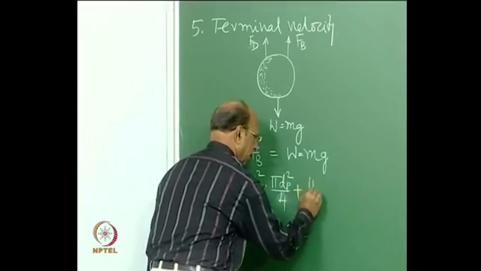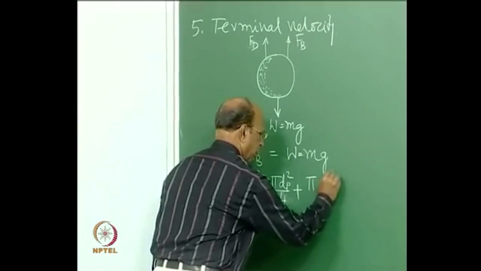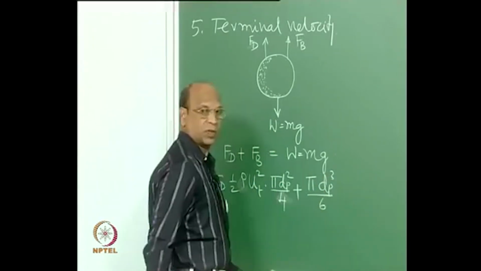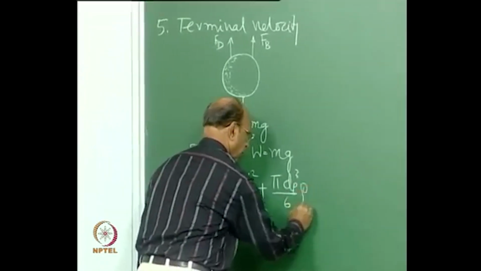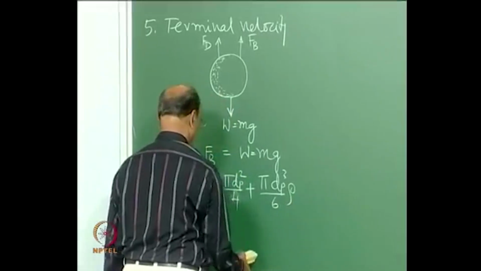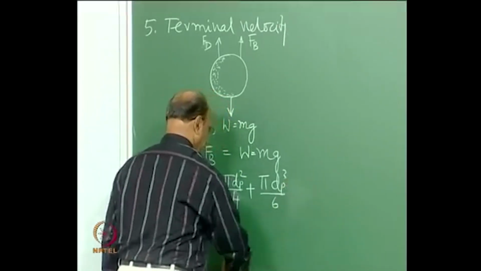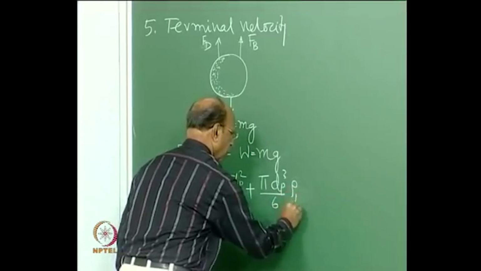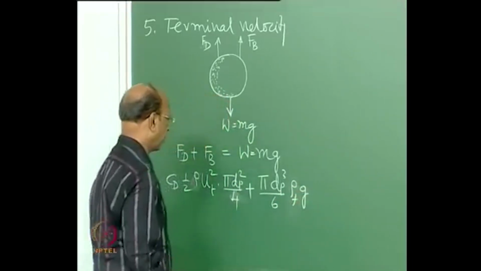That volume is dp cubed by 6 into rho f into g, right.